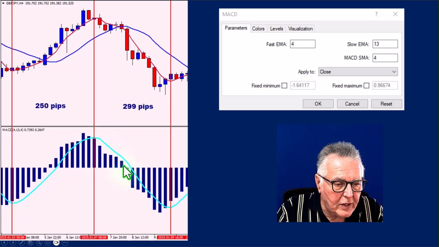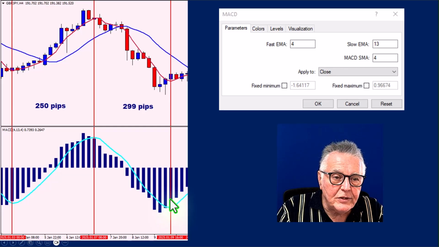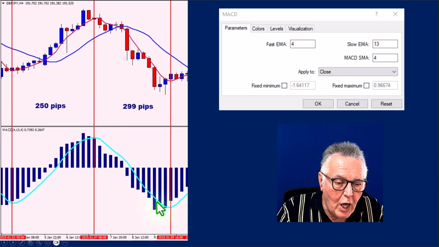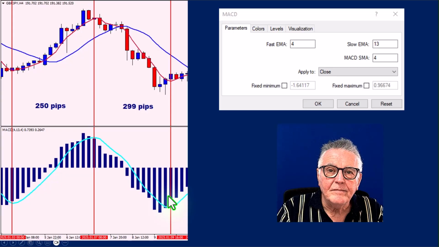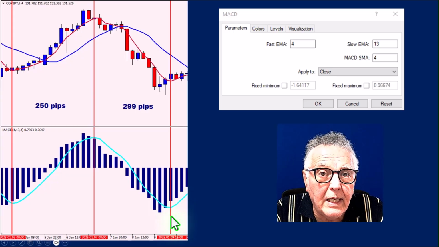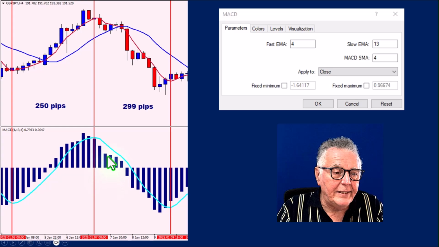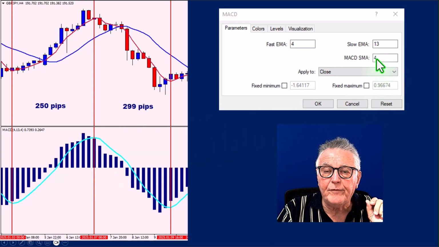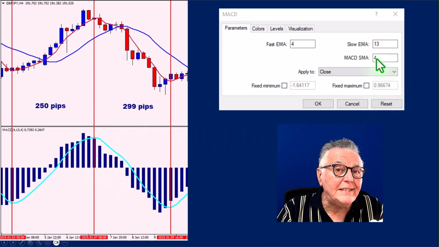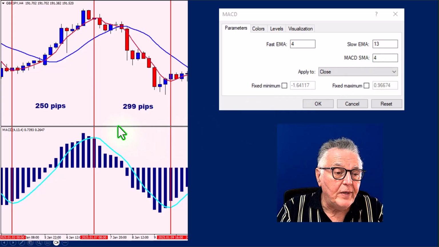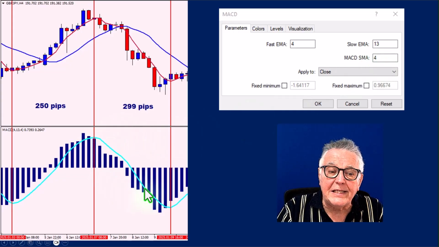Same thing here. It goes down, down, down, and it only enters when the bars cross over the signal line. So that's the purpose of the signal line, and you can make the signal line sensitive, like I've got it there at 4, or you can make it less sensitive if you want to make it 12. The signals will be a little bit later, but safer.